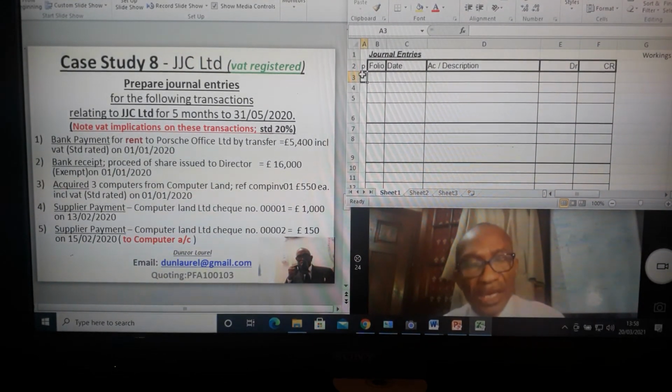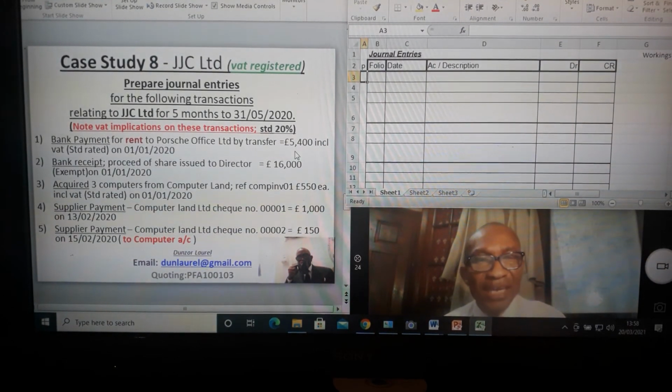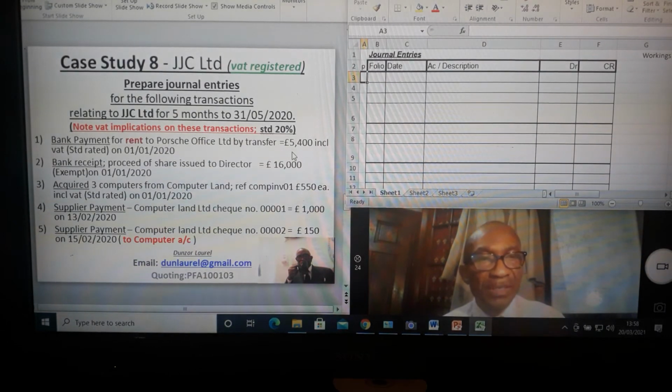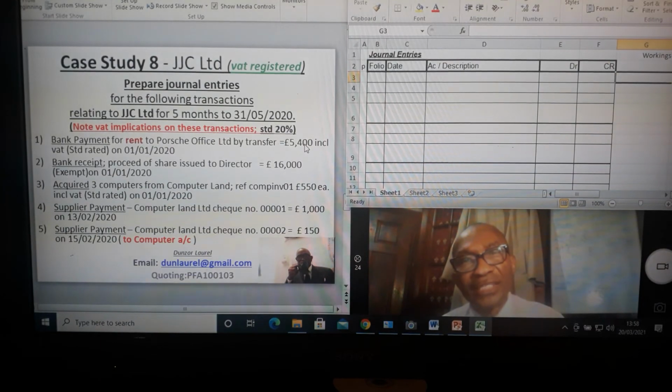The first one is this gross amount for rent. If you are VAT registered, you don't post the gross amount, you post the net amount, and then charge the other part of it to the VAT account. So what's the net here? This 5,400 is 120%, that is, the net is 100 plus 20, making 120%.